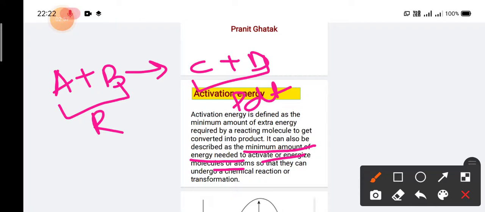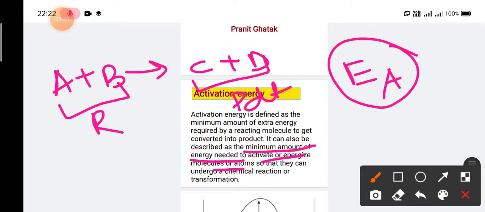After getting that extra amount of energy, which is called activation energy, the reactant molecules get excited, and after getting excited these reactants will do the reaction properly and form product. So this is the concept of activation energy, symbolically represented by EA.